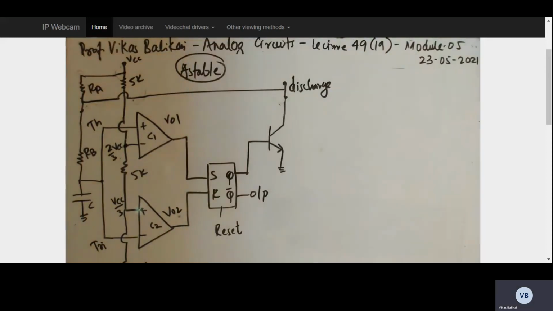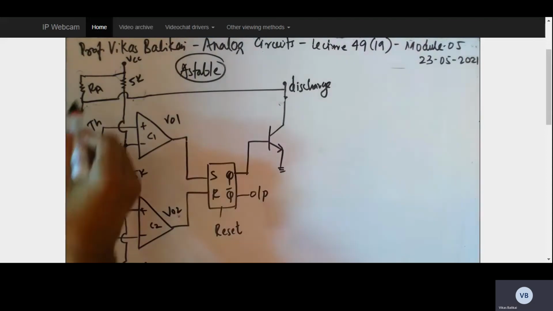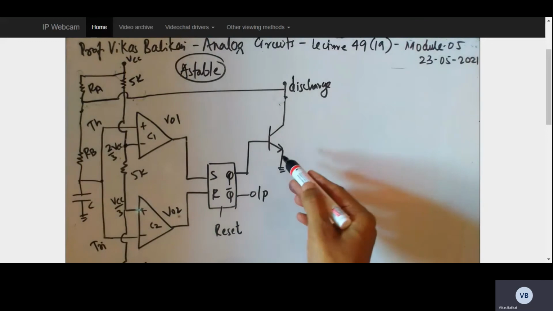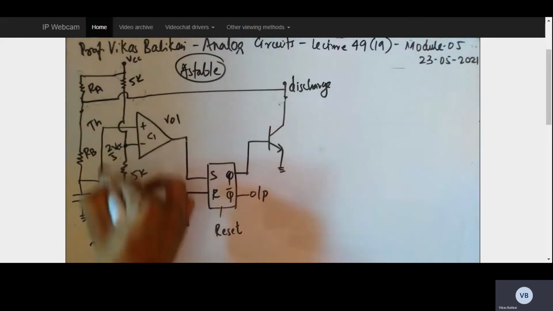So with this introduction, let us jump into the astable multivibrator operation. As you can see here, the astable multivibrator has two resistors RA and RB and a capacitor C. The BJT is there. This entire structure is the internal structure that I have shown.